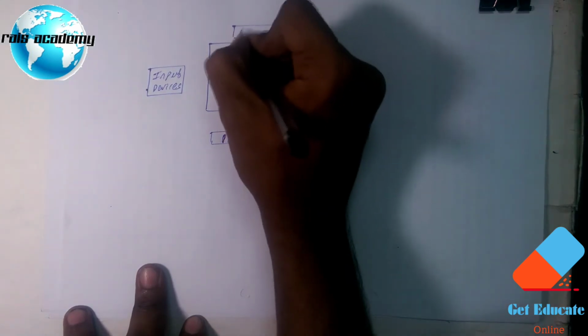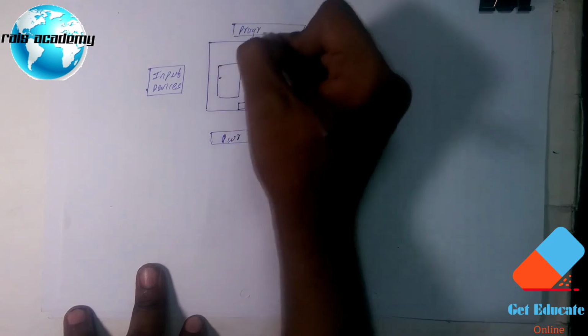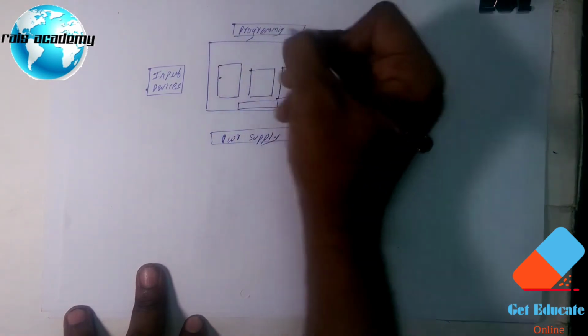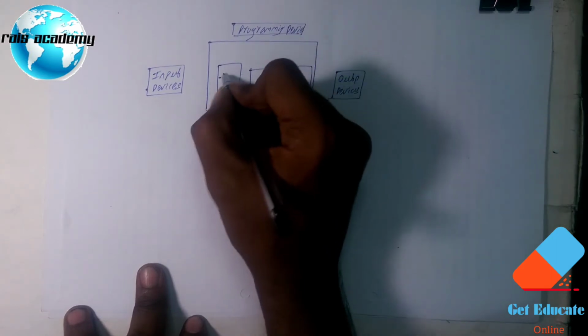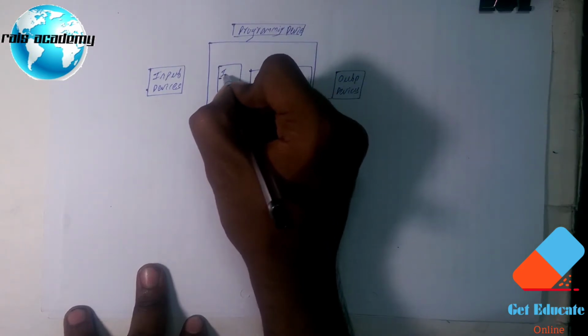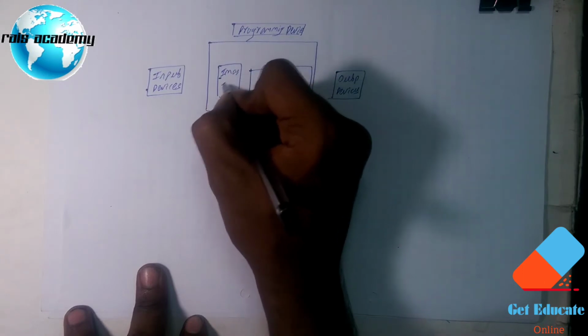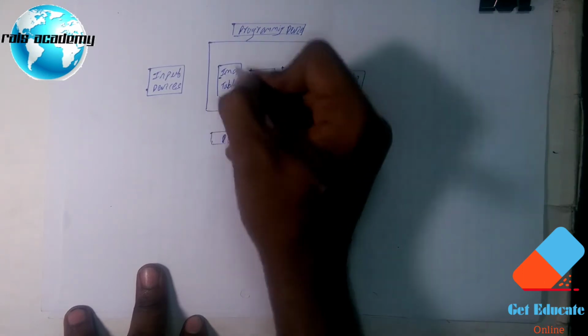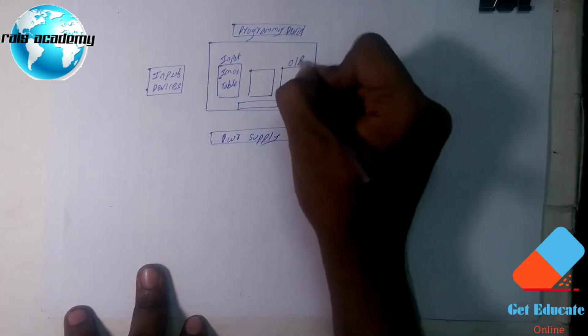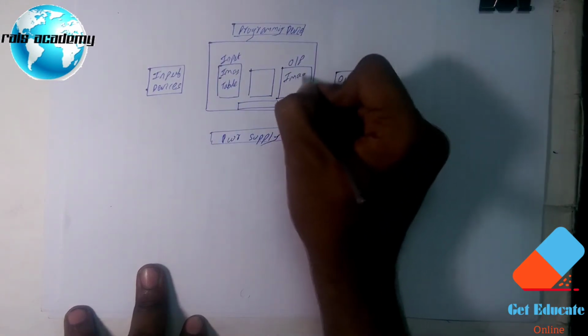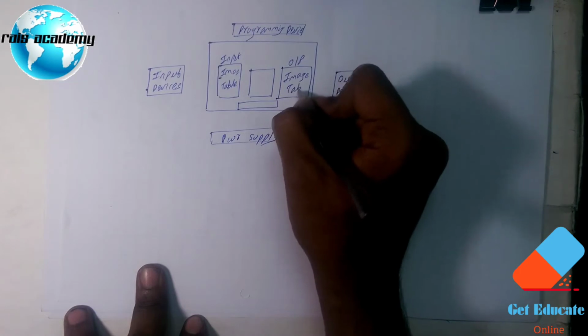This is programming device. This is an input image table, input. This is output image table.